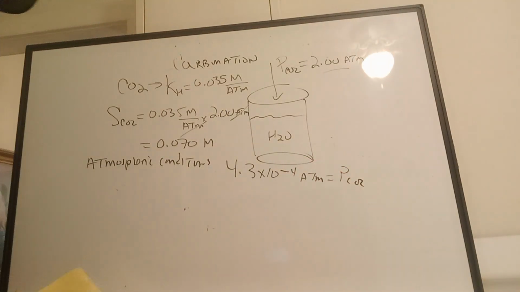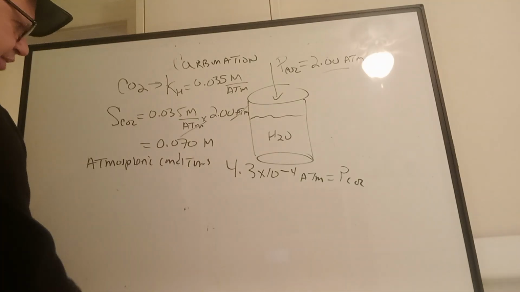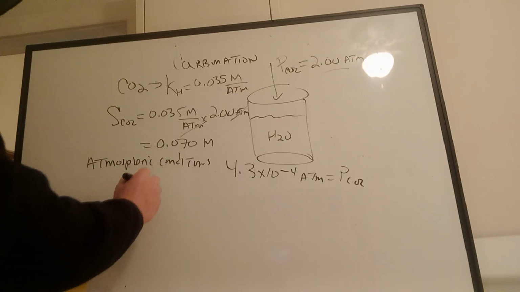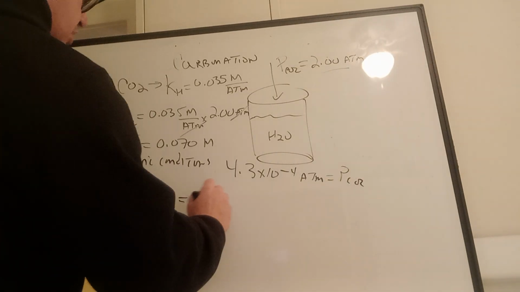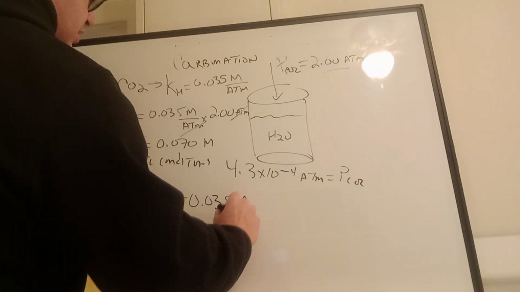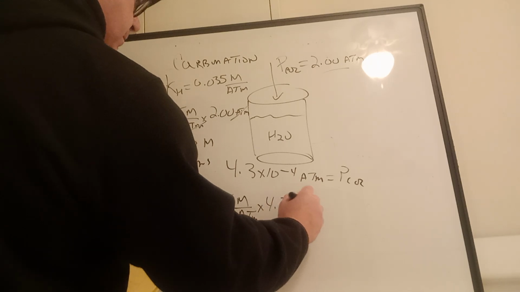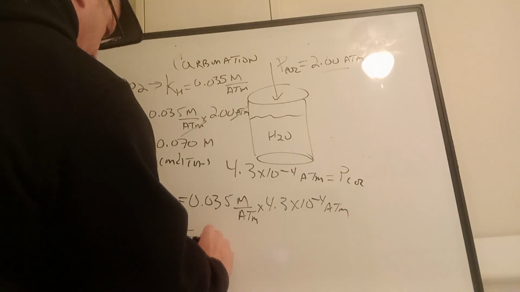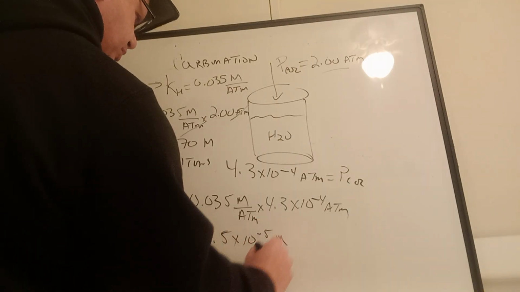Again, this will be a function of how much pollution, where you're at in the troposphere, and so forth, just focusing on the lower atmosphere where we're at, called the troposphere. And so what you'll see here is the solubility of CO2 under those conditions, and I got for that 1.5 times 10 to the minus 5 molar.